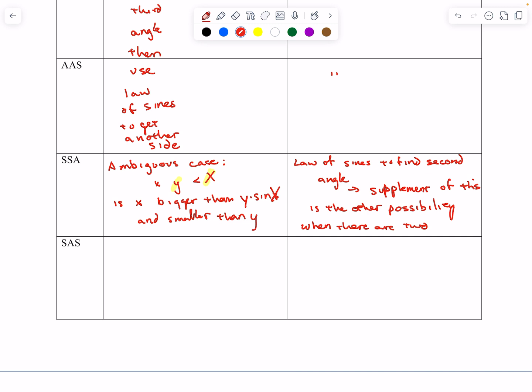X has to be bigger in order to be big enough to actually reach the ground, and x has to be smaller than y, or there's just one solution.